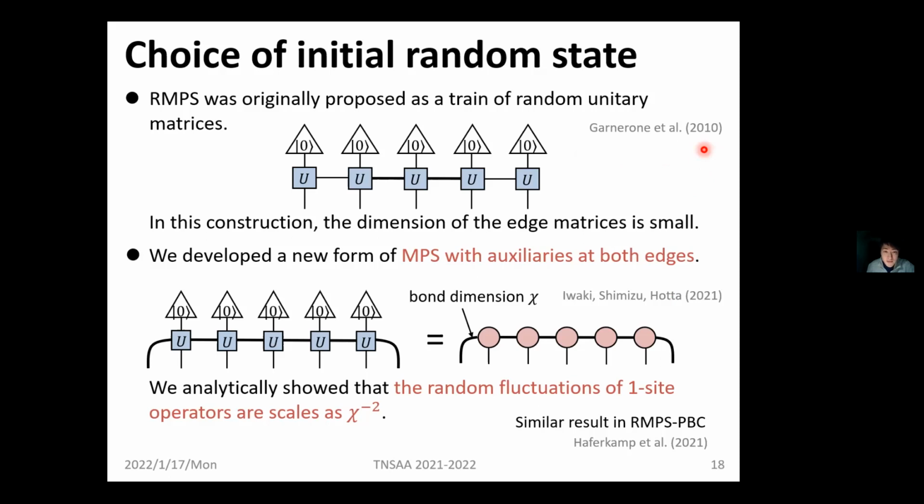Instead, we develop a new form of MPS with auxiliaries at both edges. In this construction, we analytically show that the random fluctuation of one side of the data scales as the inverse of chi square. A similar result was obtained in RMPS with periodic boundary condition very recently.